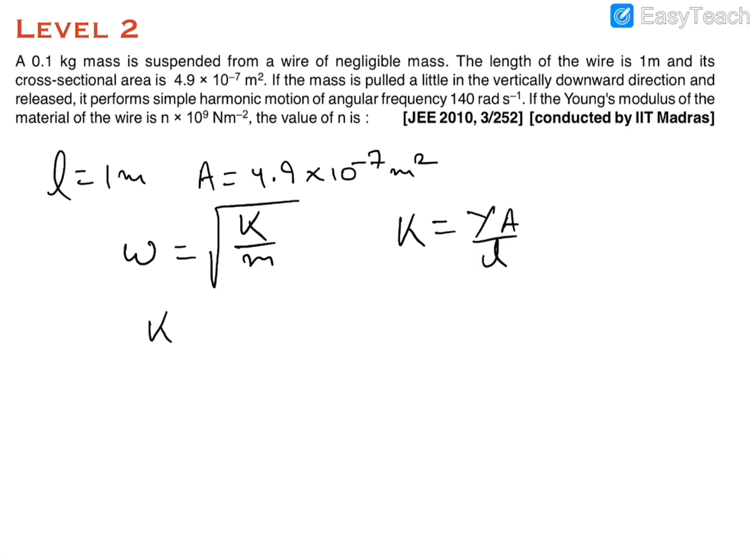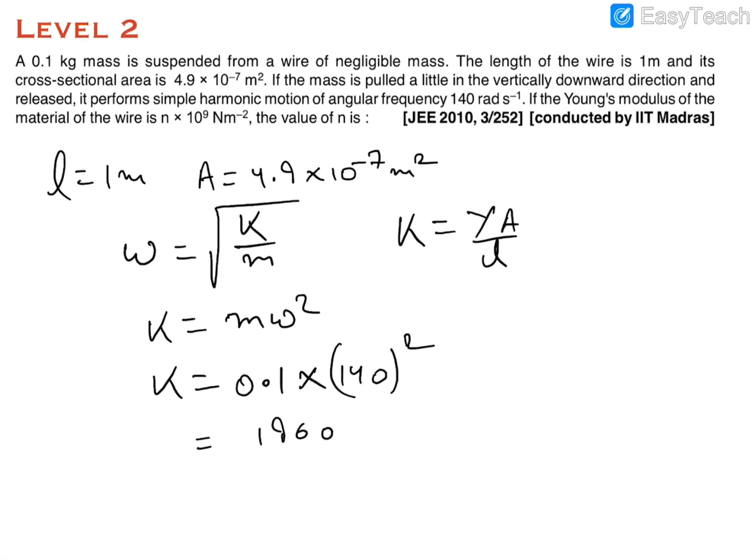So k is equal to m omega square. So this mass is 0.1 and omega square will be 140 whole square. So this will be 19600 into 0.1. So the value of k will be 1960.